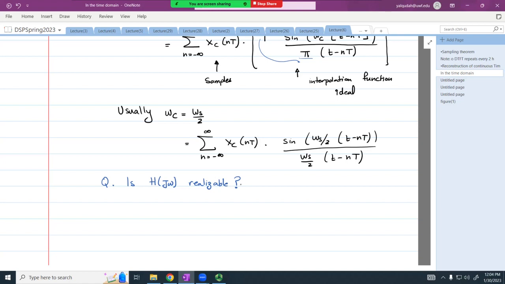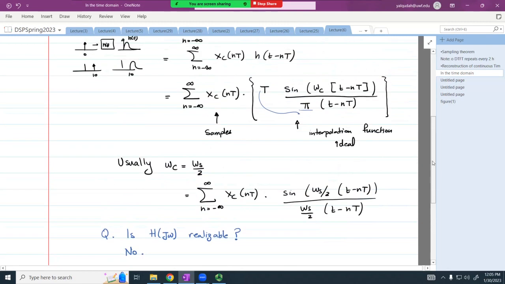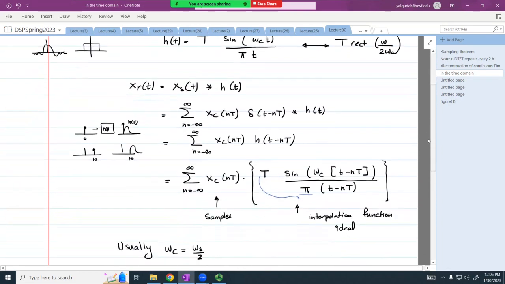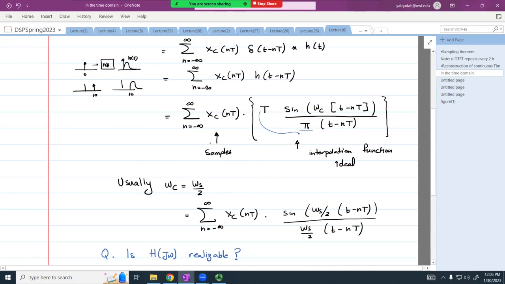No. Why is it not? Because that cutoff is too steep. Quality factor, right? What else? What bothers us the most about h of t, this sinc? We have the interpolation filter. This filter looks something like this.